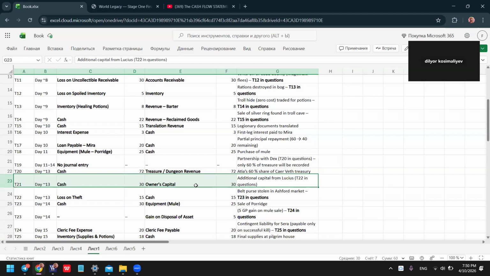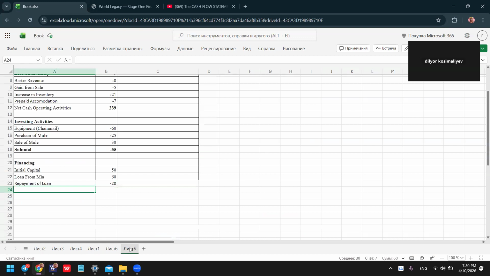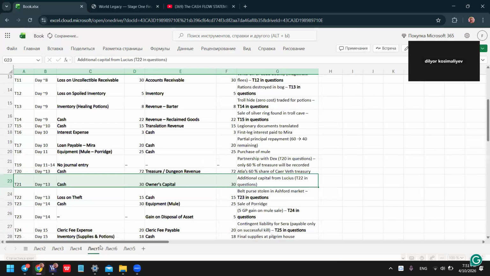It's like an additional payment, right? So let's track it. Additional capital from Lucius.